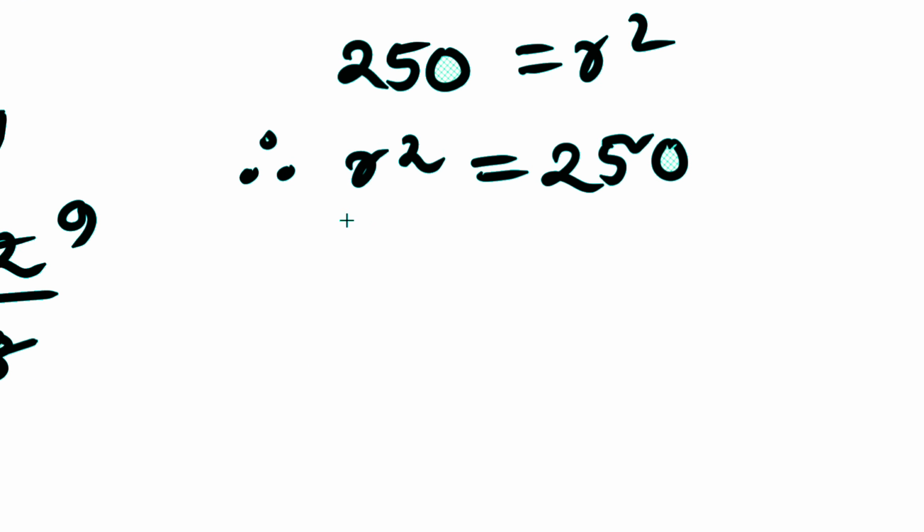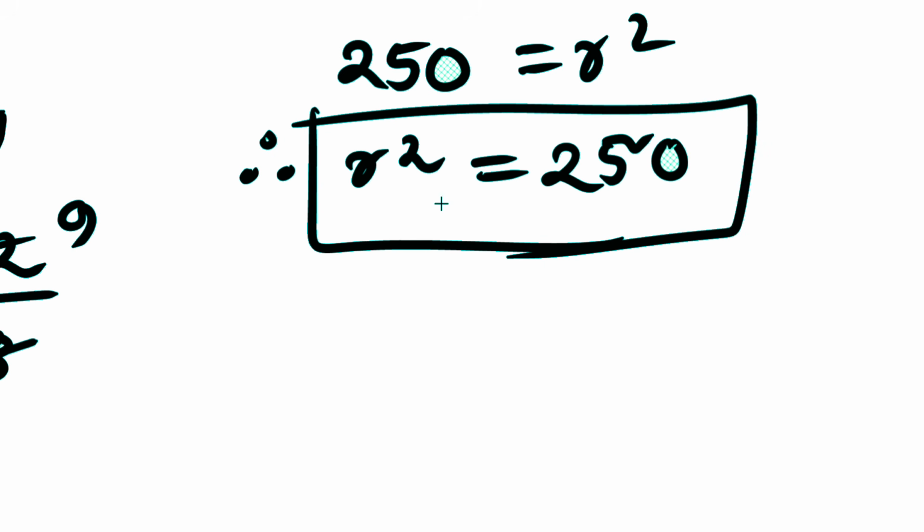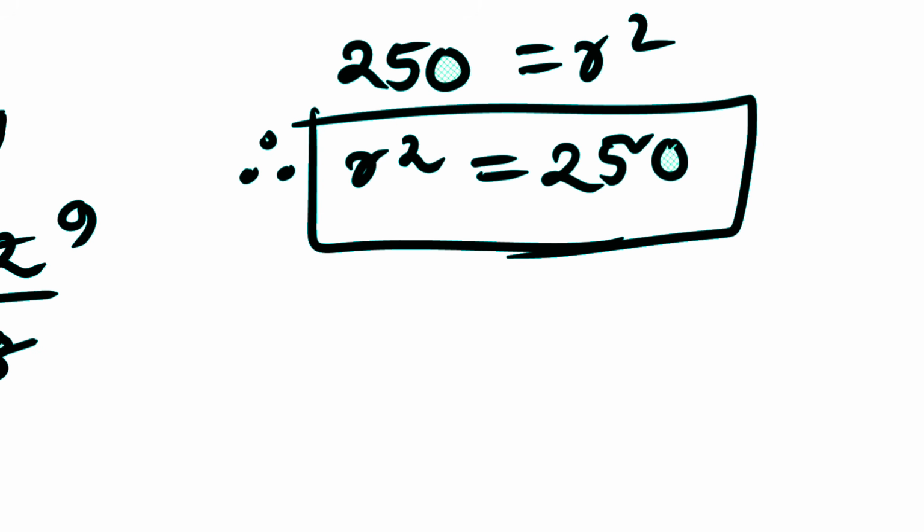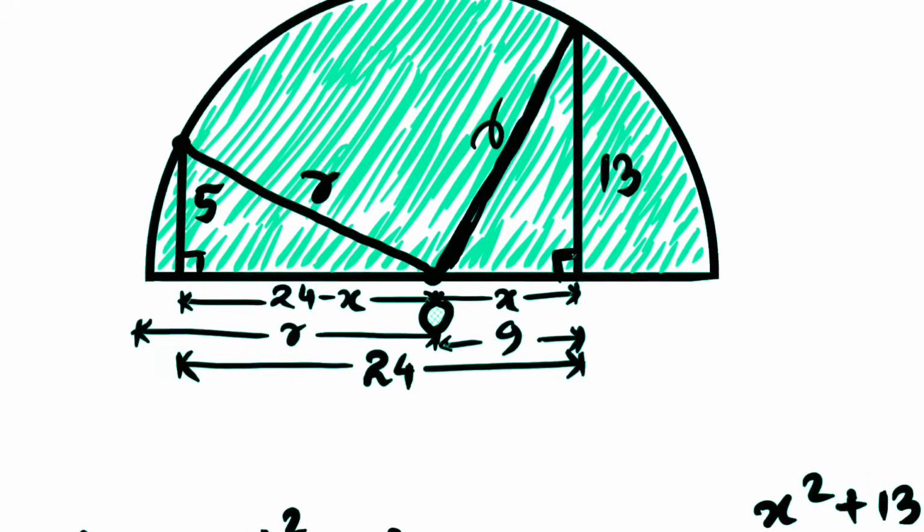Notice something important here. We actually do not need to calculate r itself. Normally, we might take the square root of 250 to find the radius, but that would be unnecessary because the area formula already contains r squared. So we can go directly to the area.